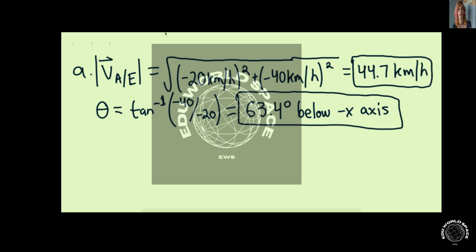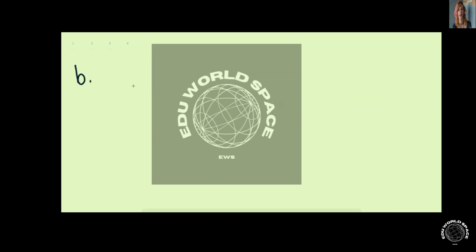Now, for B, the wind velocity is 40 kilometers per hour due south. In what direction should the pilot set her course to travel due west? So for part B, we could first say that, again, the rule for combining the relative velocities would still be that the velocity of the plane relative to the Earth is equal to the velocity of the plane relative to the air, plus the velocity of the air relative to the Earth.